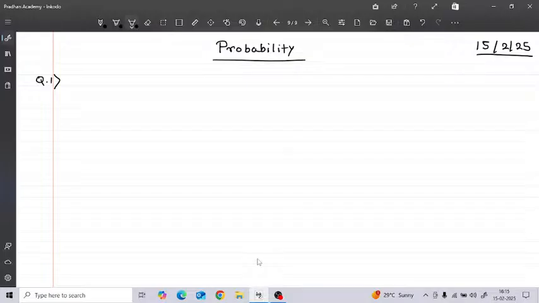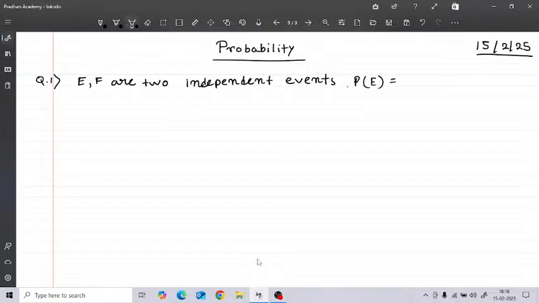So question number 1 is: E and F are two independent events, and probability of E is given by 0.3 and probability of E union F is 0.5.